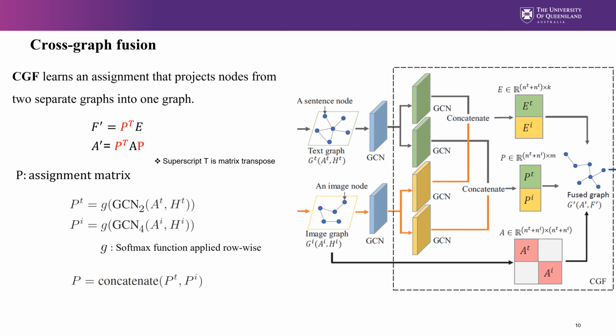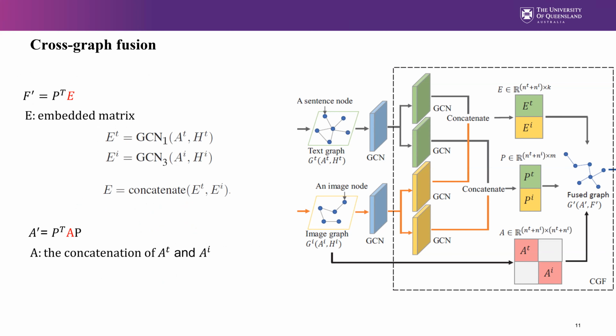Then these two learned matrices P_T and P_I are concatenated row-wise as the assignment matrix P. So now we can get the assignment matrix P. But how could we get the rest?